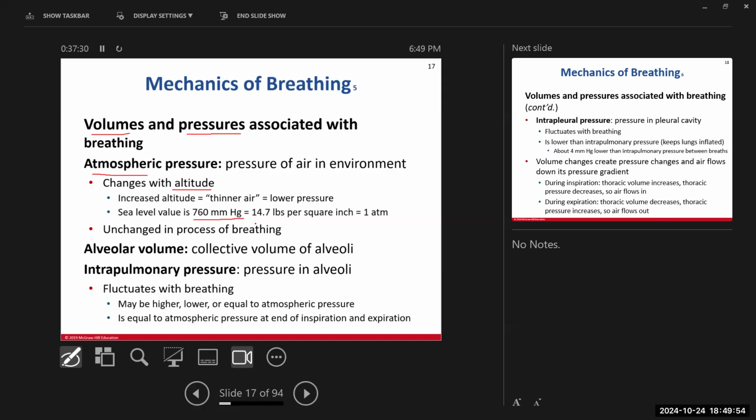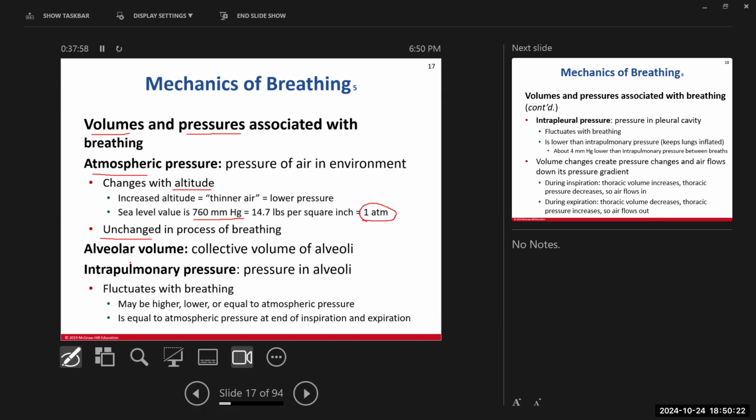But 760 millimeters of mercury is what we refer to as 1 atmospheric unit. For the purposes of this class, this number will not change at any time when you're breathing. The pressure in this room or when you're outside, for any questions or scenarios that I'm going to throw at you, is always going to be 760 millimeters of mercury. That's not going to change. So keep that in mind.